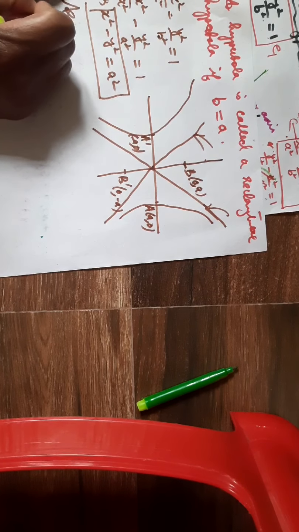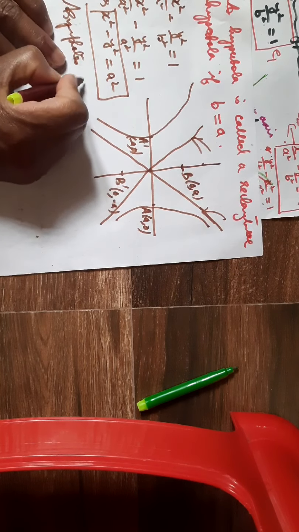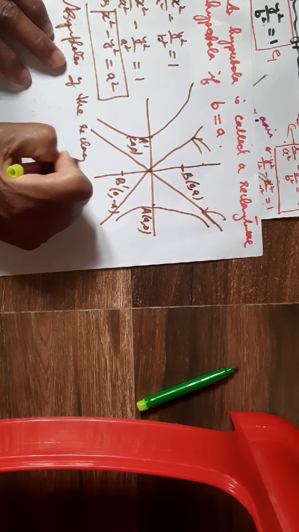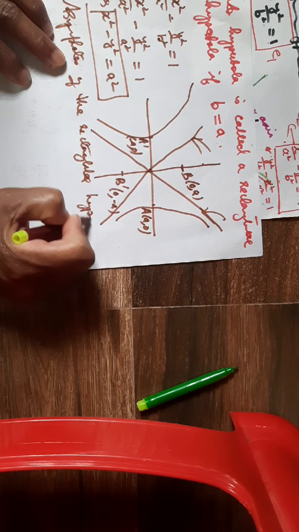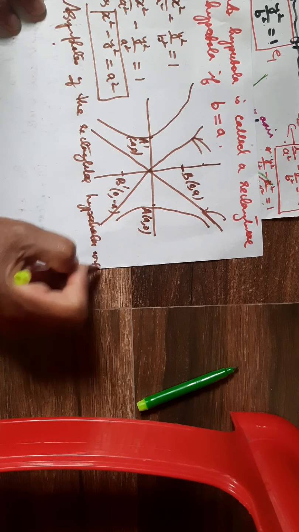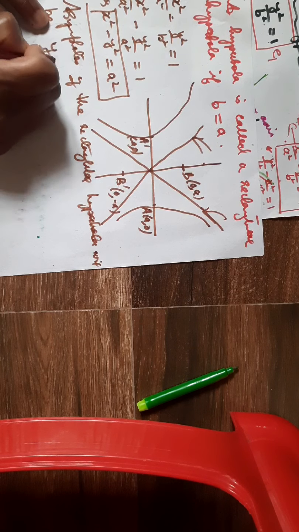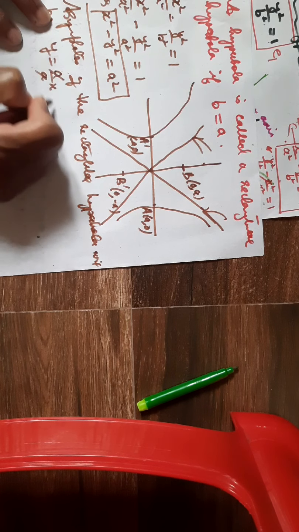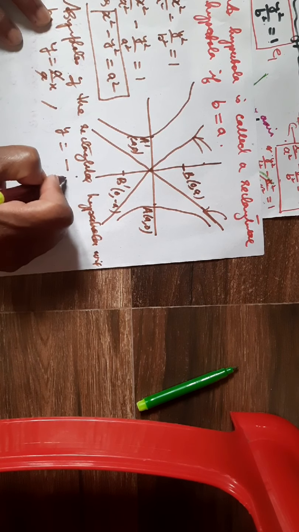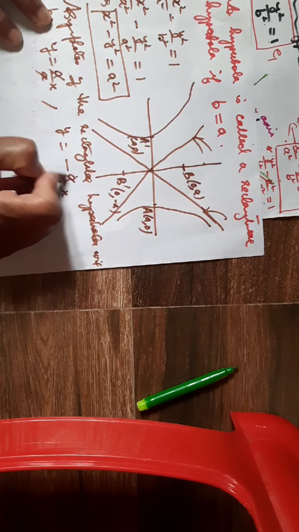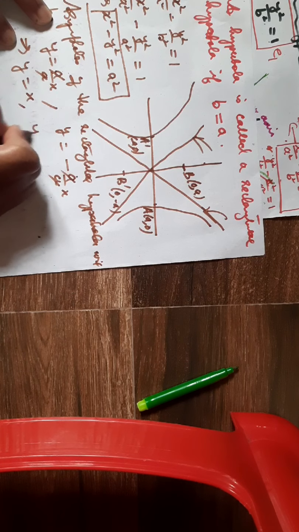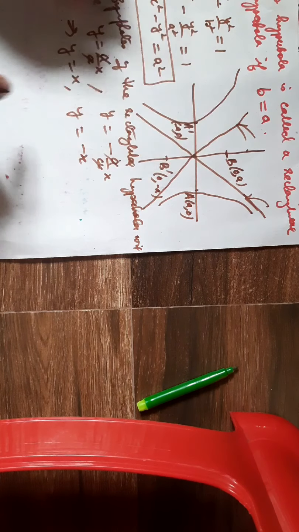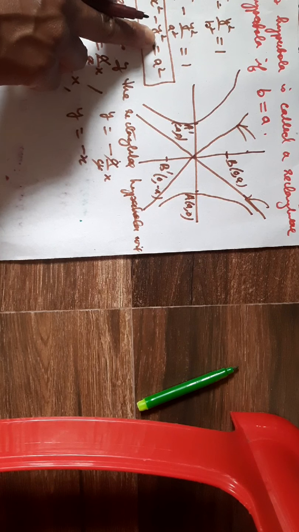Therefore the asymptotes of the rectangular hyperbola will be given by y is equal to b by a into x, but b has to be replaced by a, so it will be a by a into x, and the other one is y is equal to minus a by a into x. So this implies that y is equal to x and y is equal to minus x are the equations of the asymptotes to the rectangular hyperbola x square minus y square is equal to a square.